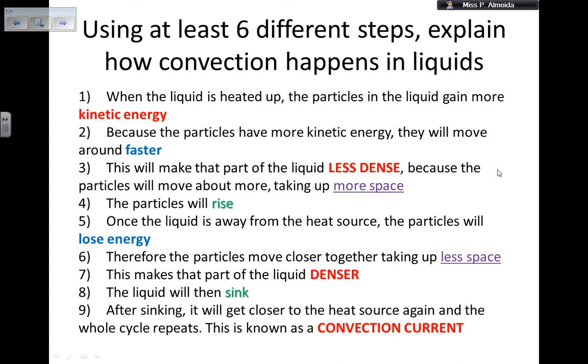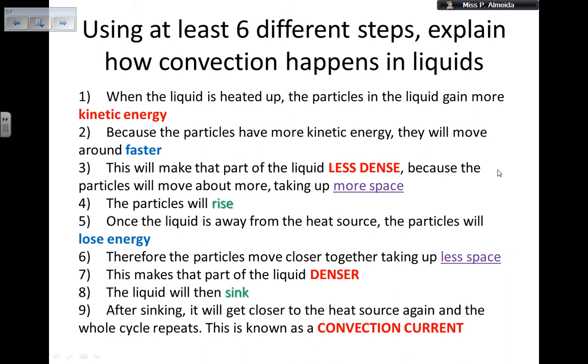When the liquid is heated up, the particles in the liquid gain more kinetic energy. Because the particles have more kinetic energy, they will move around faster. This will make that part of the liquid less dense, because the particles move about more, taking up more space, meaning the number of particles in that volume is lower. So that part of the liquid will rise.